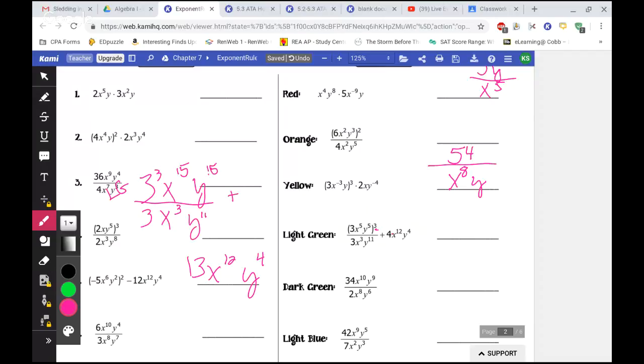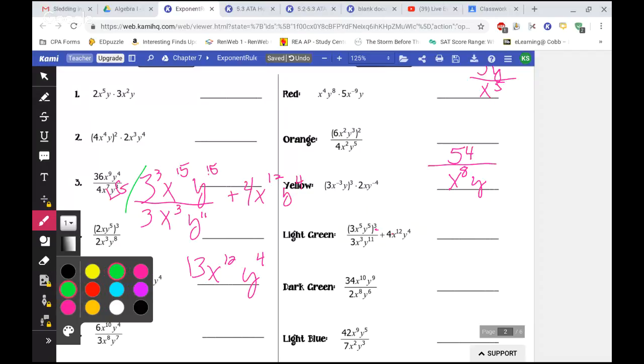And then we're just adding. So you really can't do anything with this yet. x to the 12th, y to the 4th. Okay, so there's a couple ways that you could do the integer part on this. You could go ahead and do 3 to the 3rd, which is 27 over 3, and that reduces to 9.